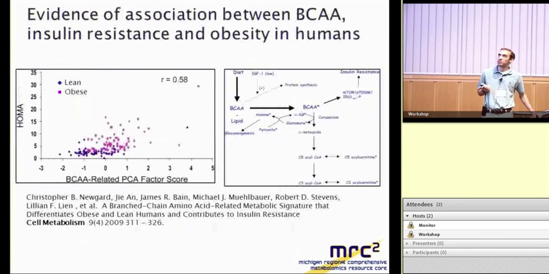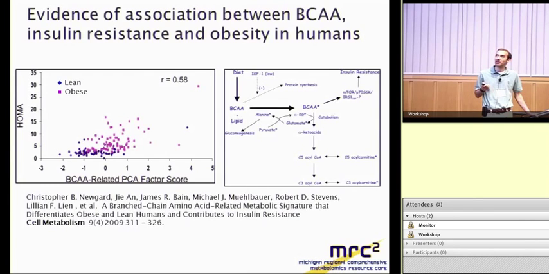But a recently published paper by Chris Newgard's group showed an association between branched-chain amino acids, insulin resistance, and obesity in humans. This is actually a semi-targeted assay that they did. They used metabolomics to look at a branched-chain amino acid-related PCA factor score for HOMA, which is a measure of insulin resistance or insulin sensitivity.